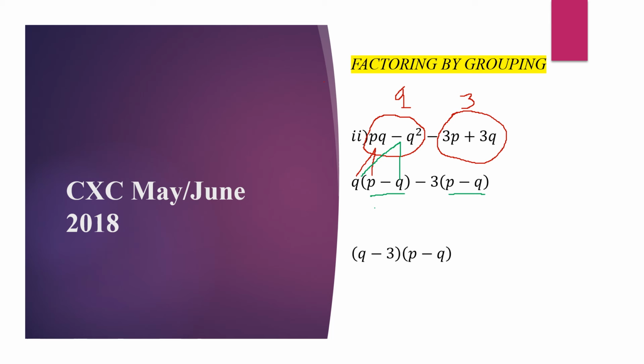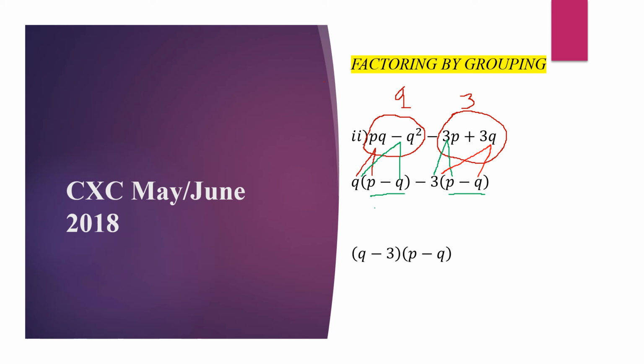So P into minus 3P gives us minus 3. And then minus Q into plus 3Q gives us minus 3.